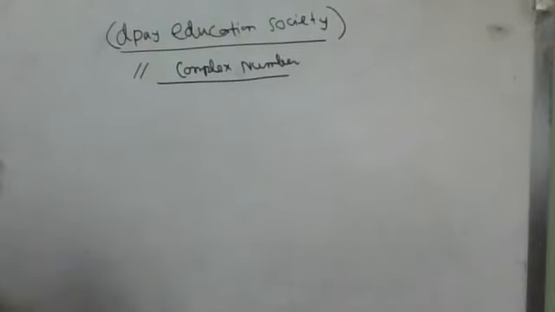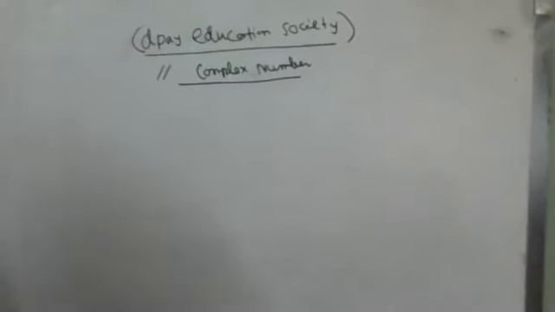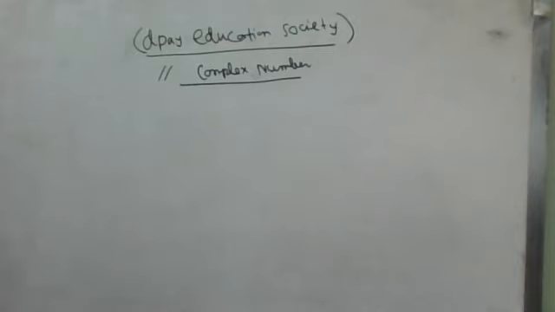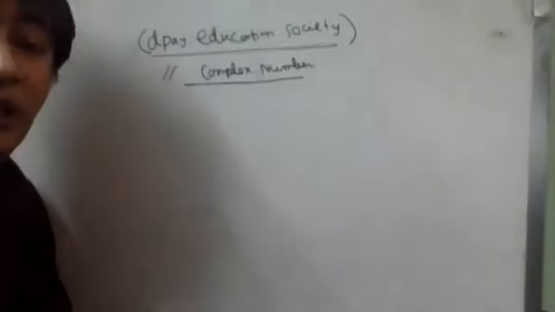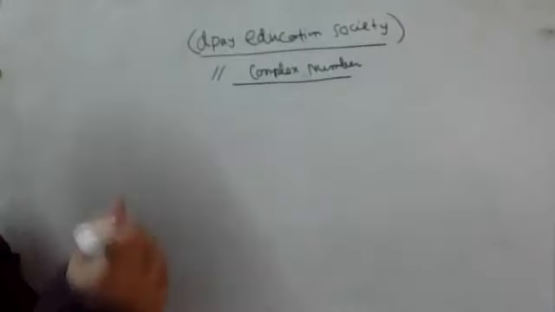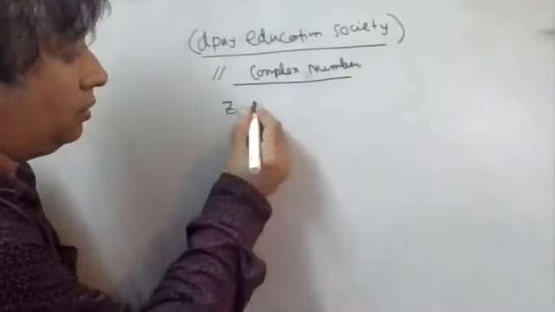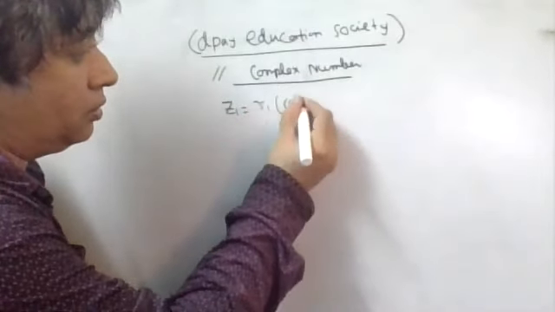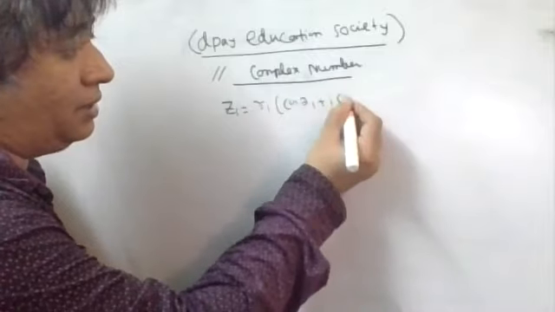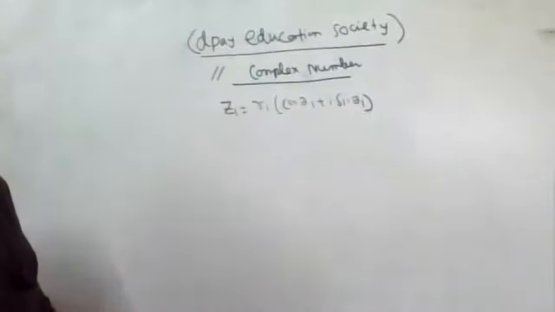So from this product rule of complex numbers in polar form, we can derive another property related to argument. What is that? You see, Z1 = r1(cos theta1 + i sin theta1). Already we have got the polar form.